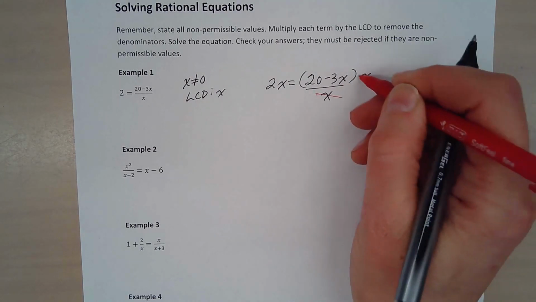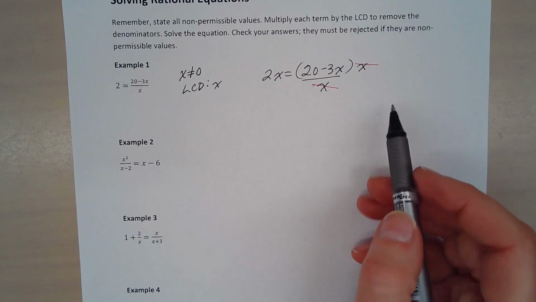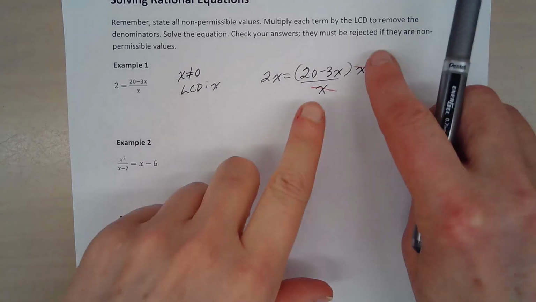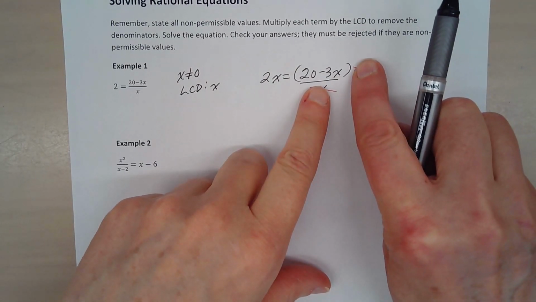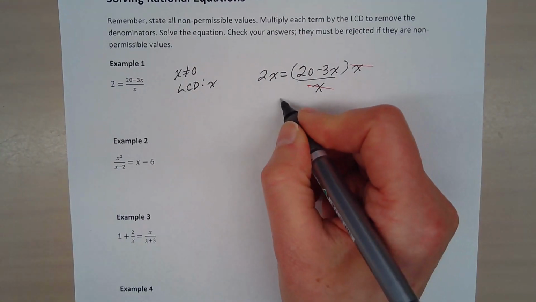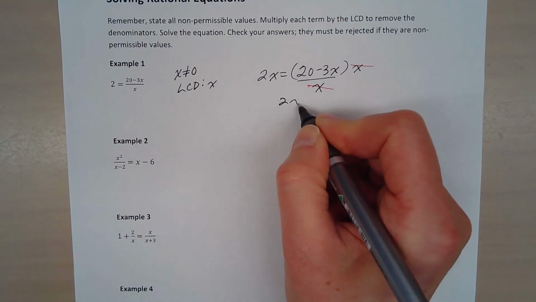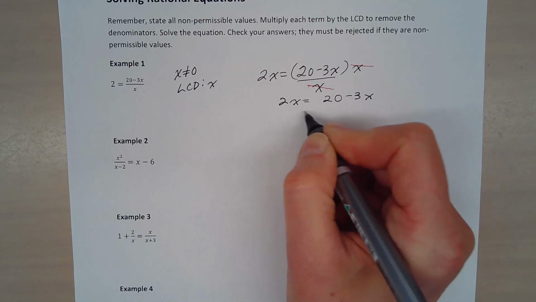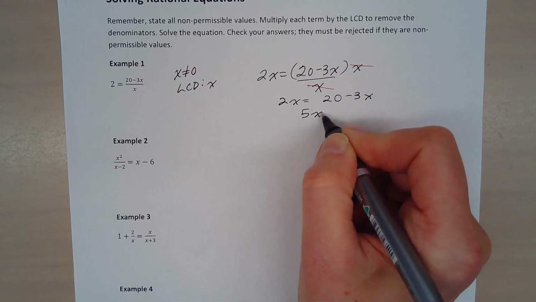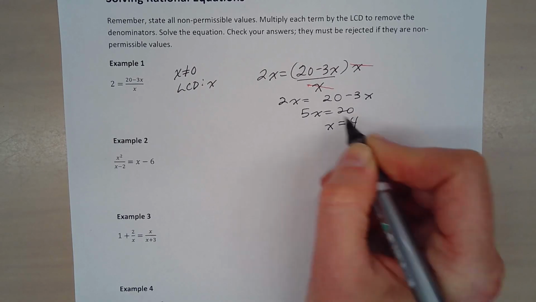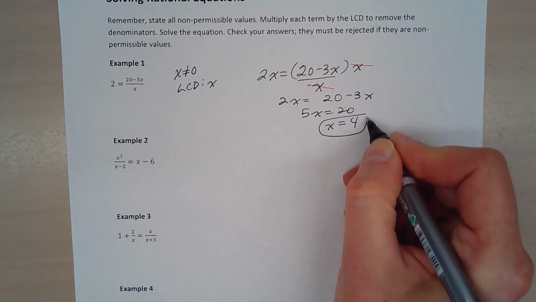So if you're really good at this and you remember, you don't actually have to show that step. You could have just shown me that you knew the denominator canceled out, if you want. This is a really easy one: 2x equals 20 minus 3x. Add 3x, so I get 5x equals 20. x is 4. That's not a non-permissible, so that's it. I'm good.